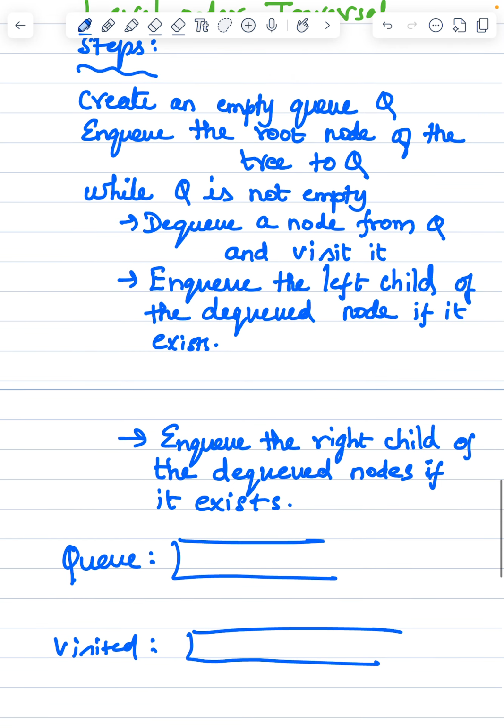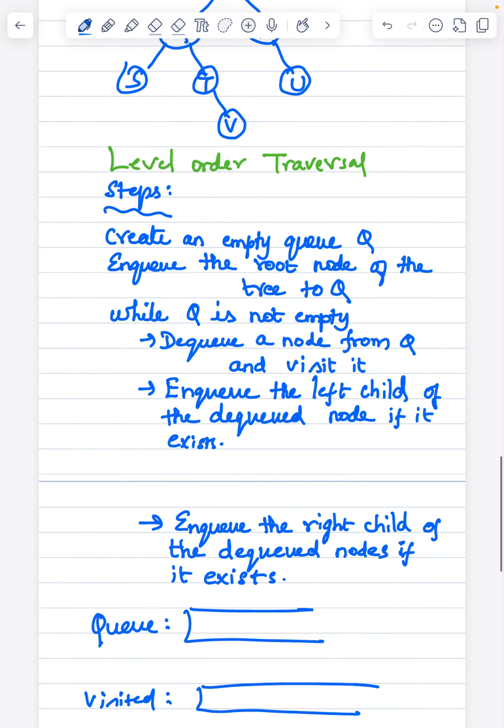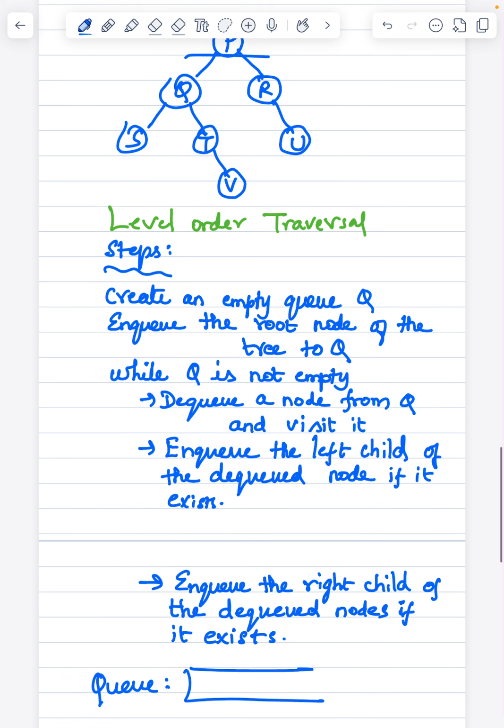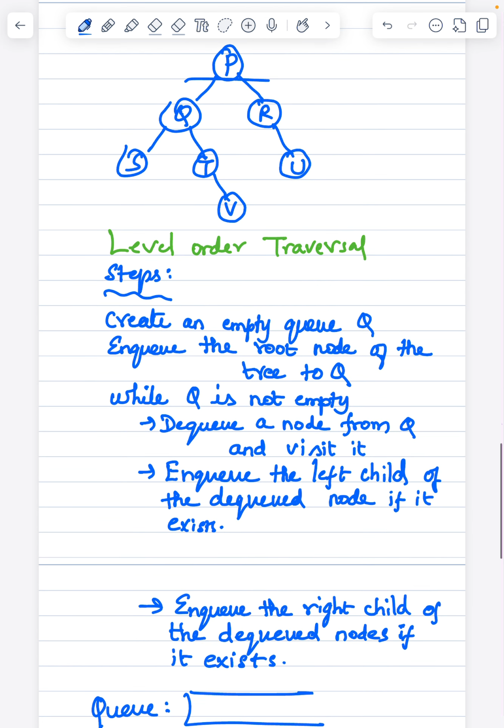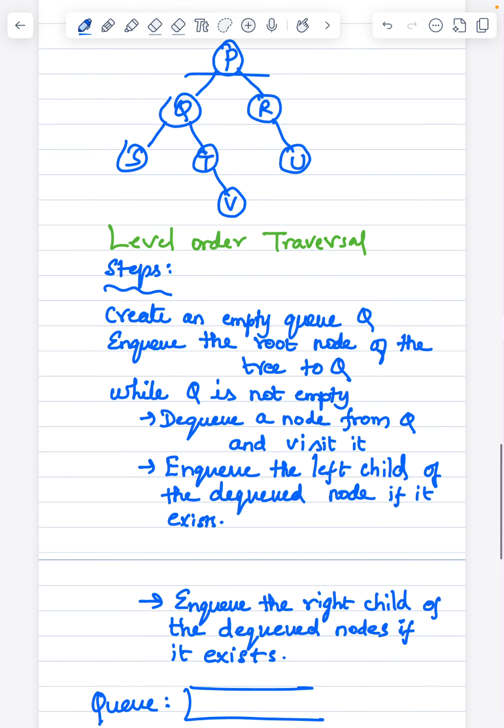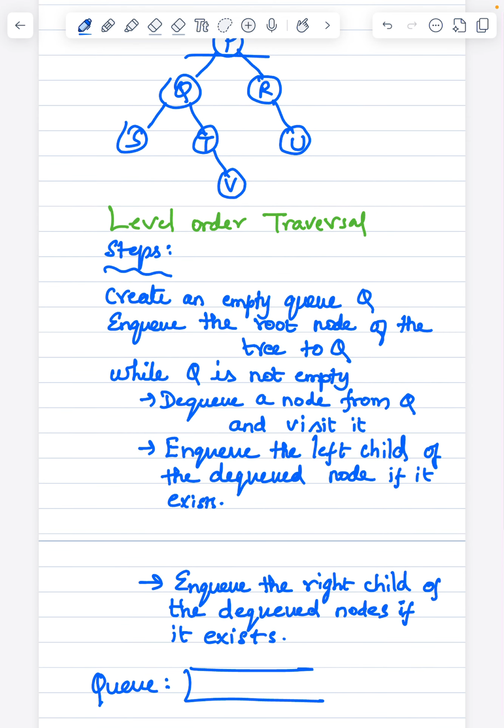Now let us see how this works. We'll start with the root. What is the algorithm? Create an empty queue, and enqueue the root node to the queue.